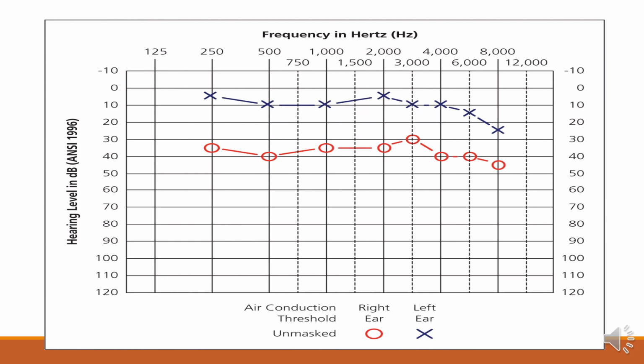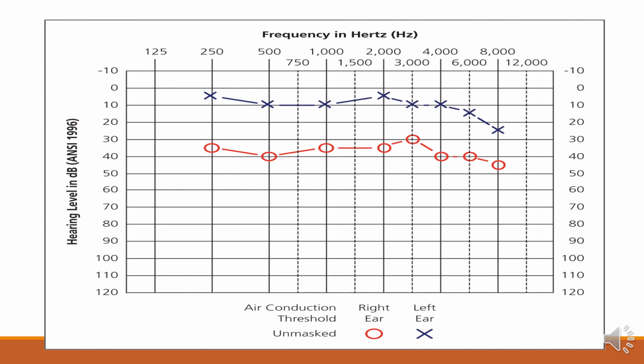Please remember that 120 decibels is the maximum sound which can be heard, while a sound of 10, 15 or 20 decibels is the least, minimum sound which we can hear.